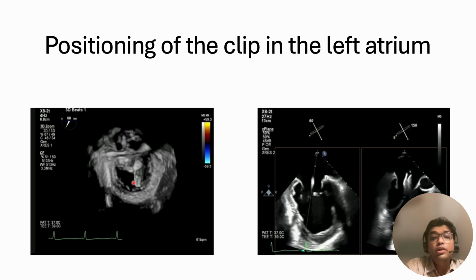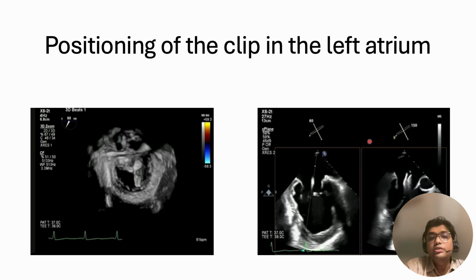Whereas if you want to clip A1 and P1, you have to orient the clip arm at 1 o'clock 7 o'clock or 2 o'clock 8 o'clock position. If you want to clip A3 P3, your clip arm should be around 11 o'clock 5 o'clock or 10 o'clock 4 o'clock position. So depending on where you want to clip, your clock position also changes. This is very important.